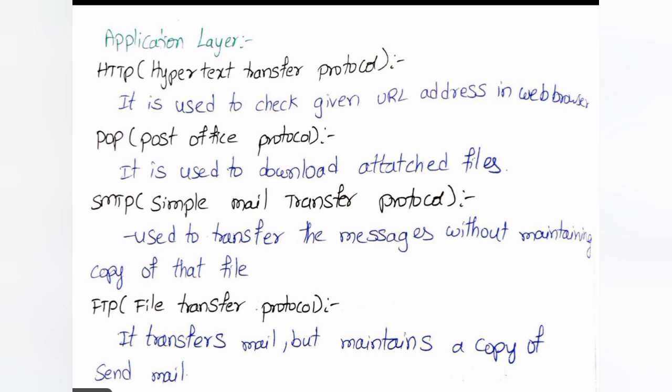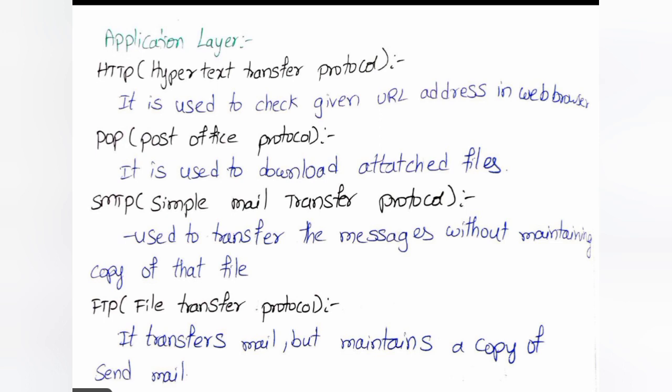In HTTP we have two types, that is HTTP and HTTPS. Here HTTPS means the S stands for secure. So we will use the HTTPS protocol for a secure connection. It combines HTTP and the secure socket layer.